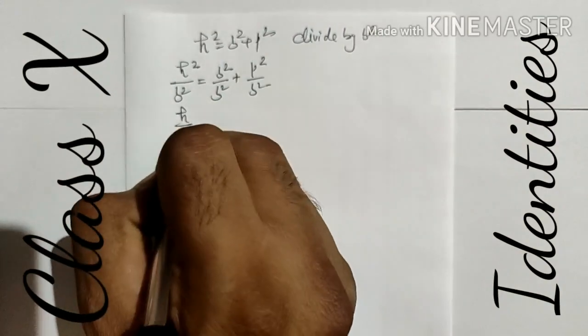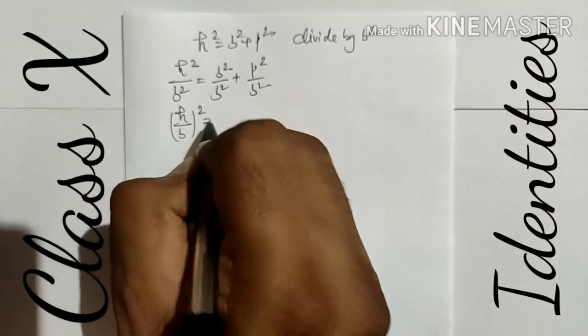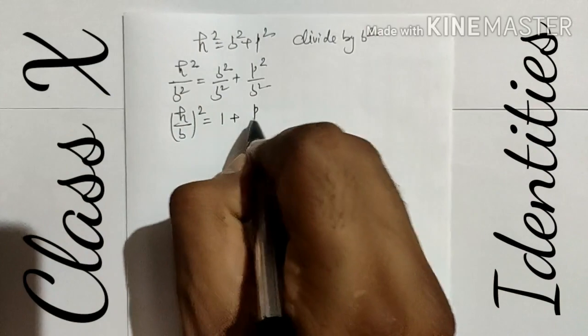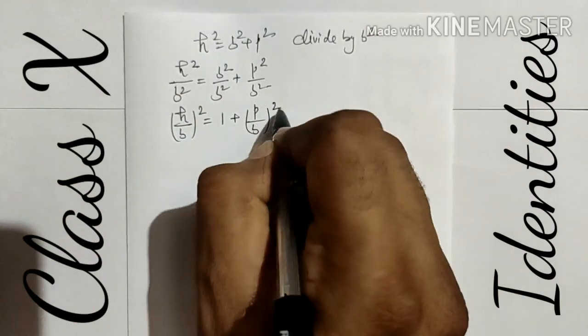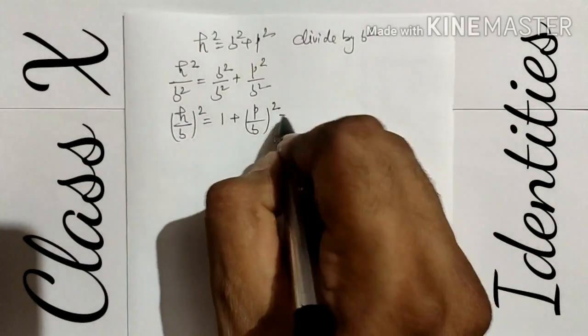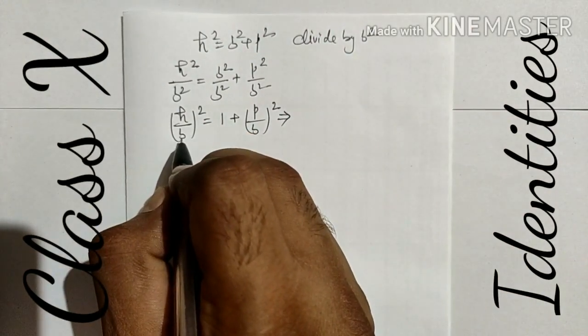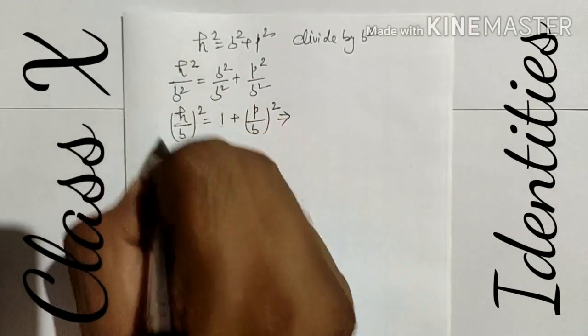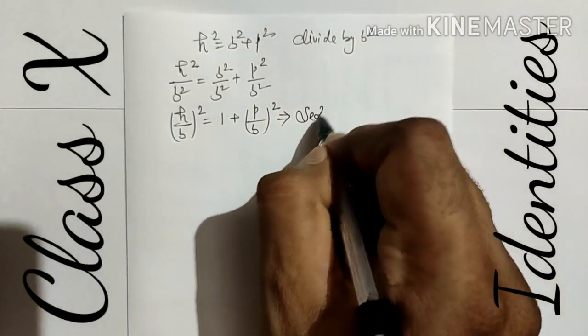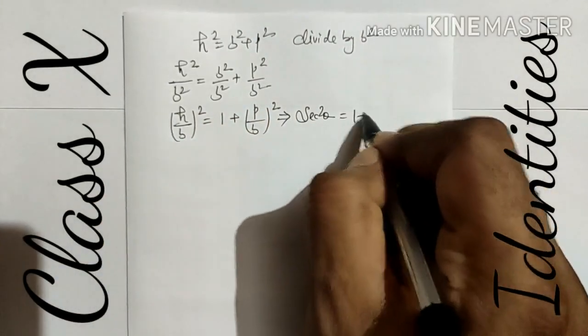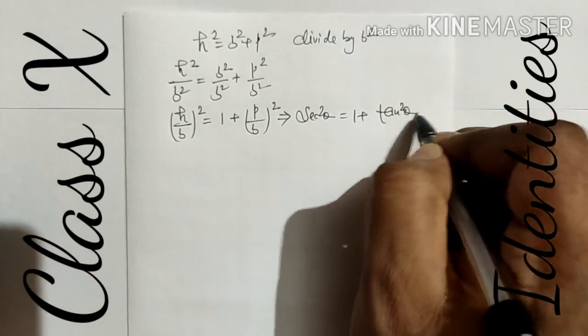If we see, left hand side becomes square of h by b, it becomes 1, it becomes p by b whole square. We know that h by b is the reciprocal of b by h. b by h is given by cos theta, so it becomes reciprocal of cos, secant square theta is equal to 1 plus tangent square theta.